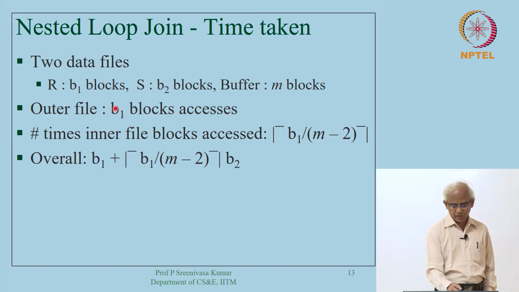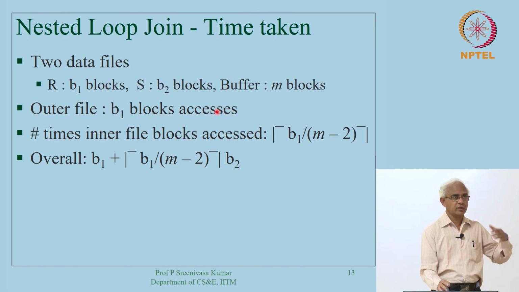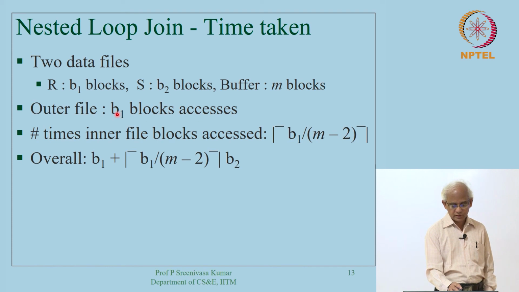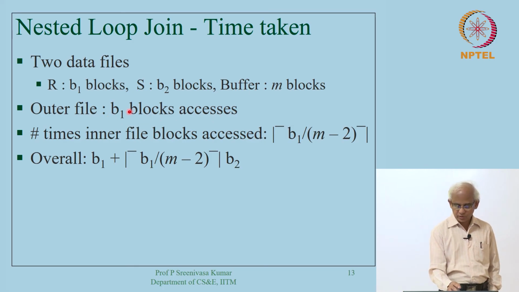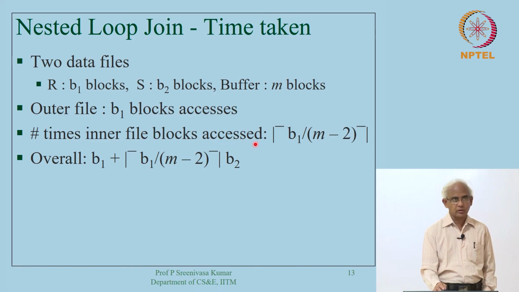The outer file has B1 block accesses, because you have to read the entire outer file, but we will read them in chunks of M minus 2 blocks at a time. Whenever we read M minus 2 blocks of the outer file, we will read the entire inner file. The inner file is S.